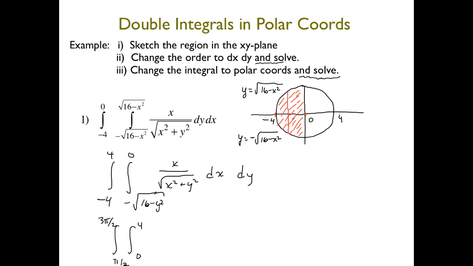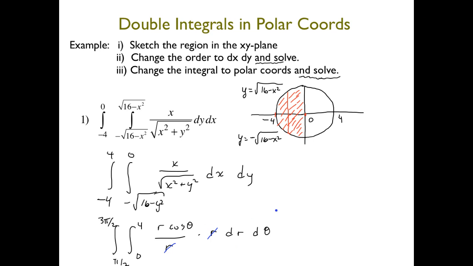What does f become? x is r cosine theta over r, times r dr d theta, which becomes just r cosine theta. Remember, the r from our dA links into the integrand and multiplies in with it. That means that these r's can go away.